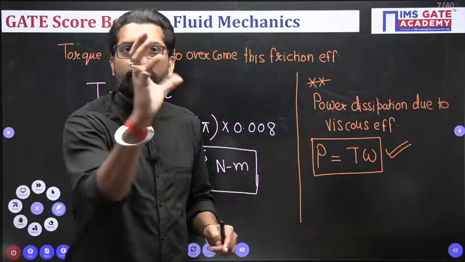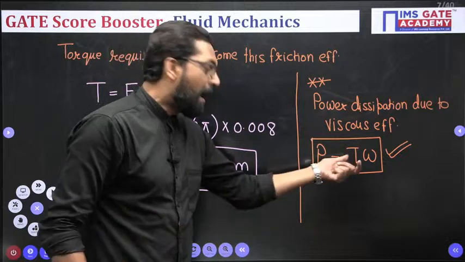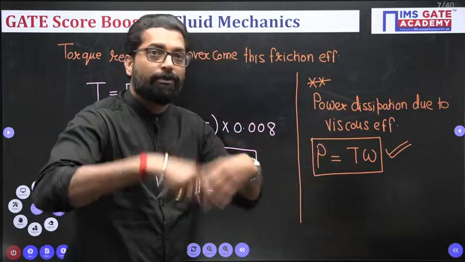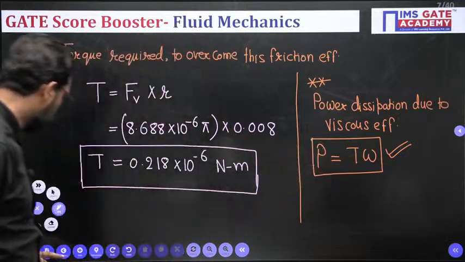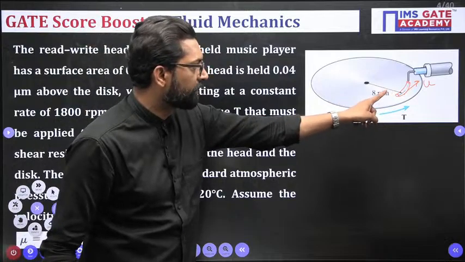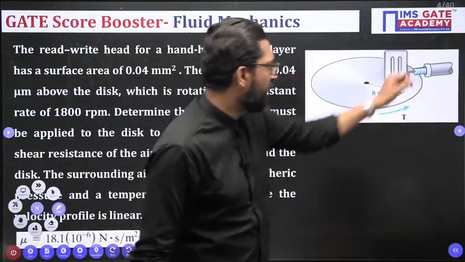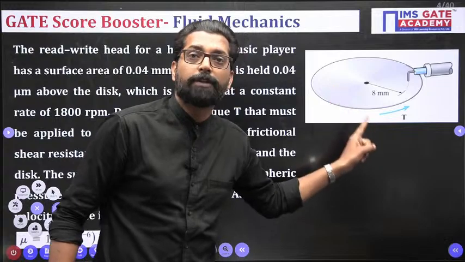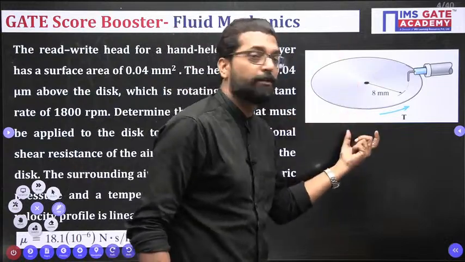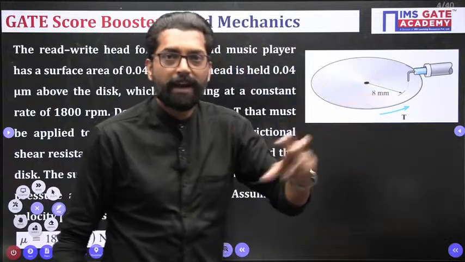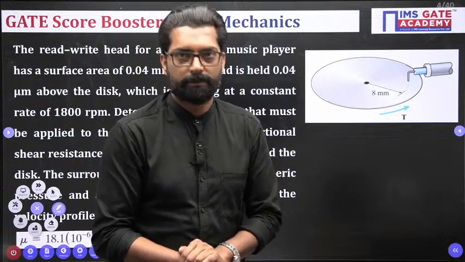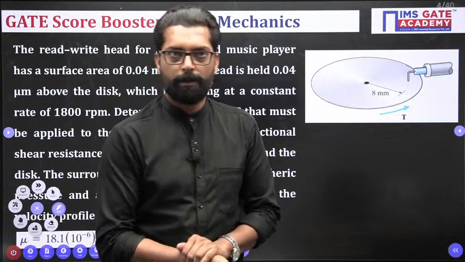To overcome this frictional effect of the disc, that much power you require. You have to set the equivalent power of that motor so that the frictional effect is overcome, not neglected.